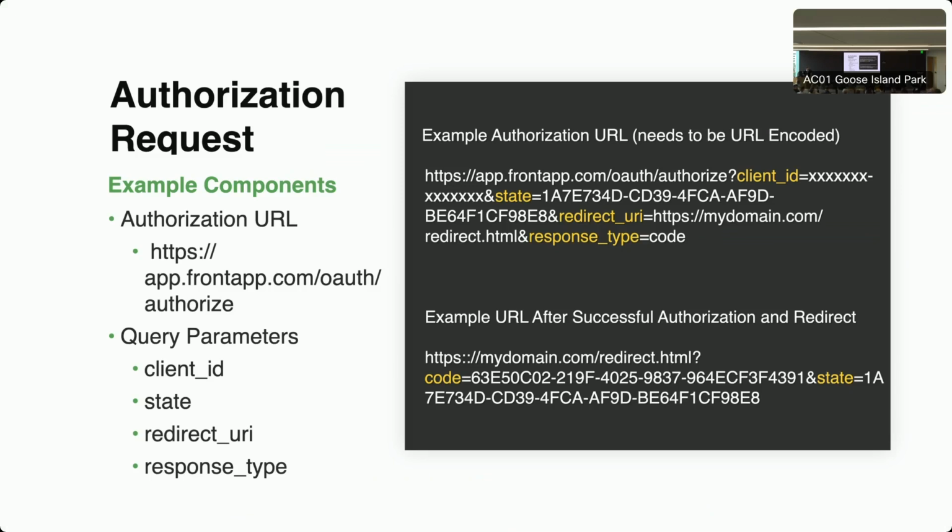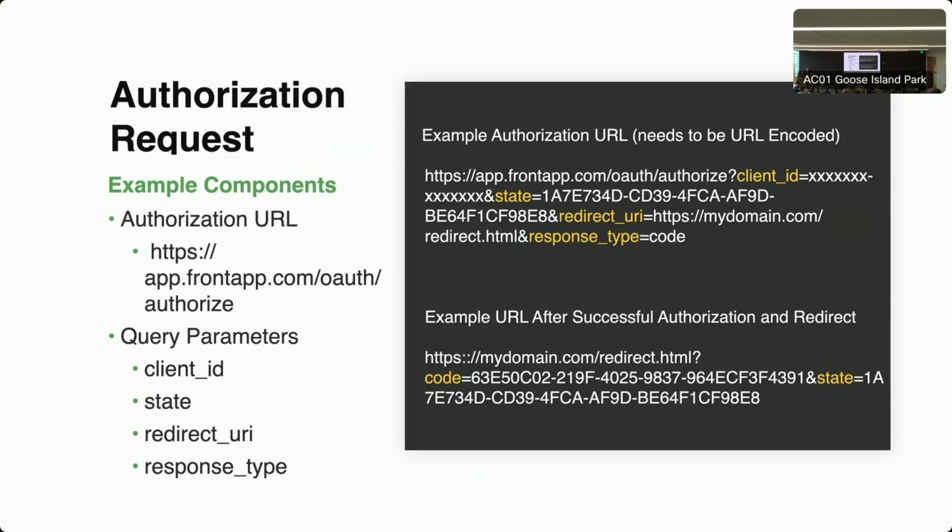So if we're looking here, we can see that the URL is built with the authorize endpoint, and then we're just attaching the client ID, the state parameter, our redirect URI where the user is going to be redirected, and then the response code as parameters to the URL.